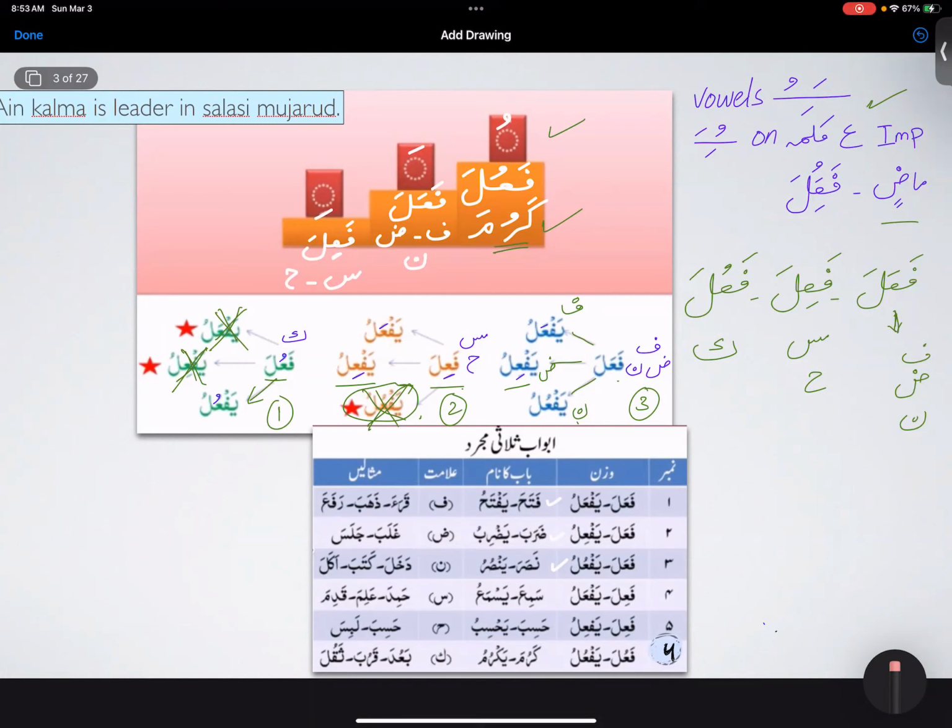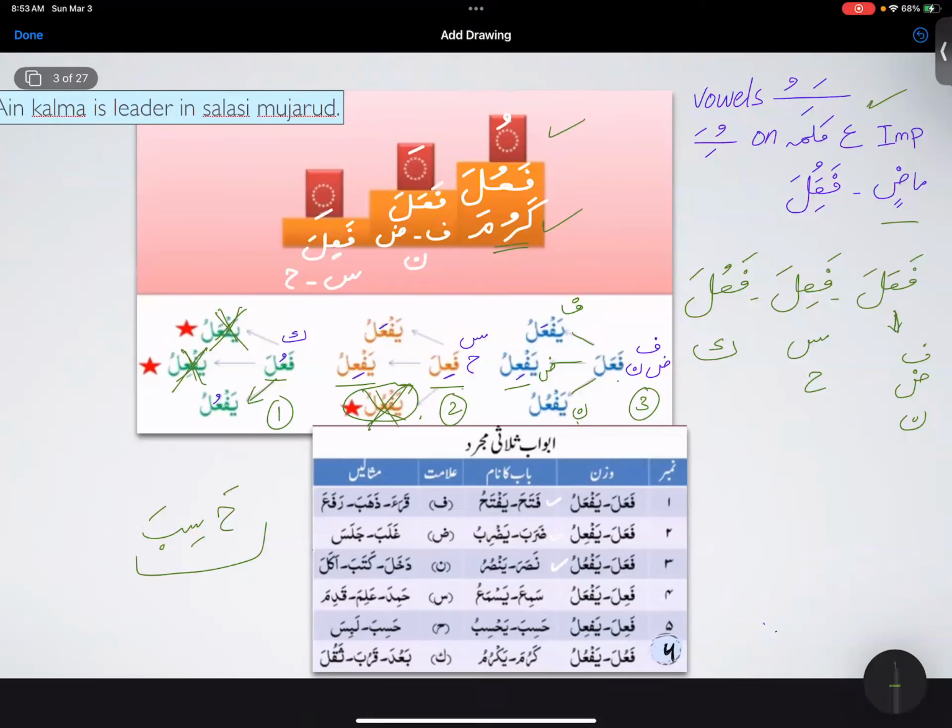But in the Quran Pak, you will see hasiba is always yahsabu, it's not yahsibu. So that means it belongs to the samia family.